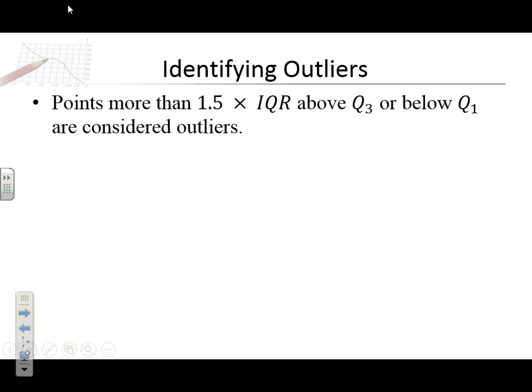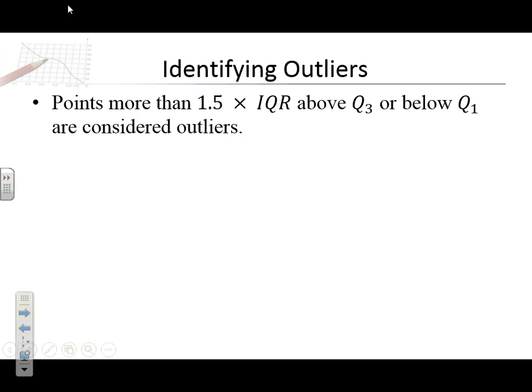If a point is more than 1.5 IQRs above quartile 3, so our starting point for the upper half, if we start at quartile 3 and we add 1.5 times our IQR, that's going to give us a value. So depending on the data set, it's going to give us something. If I have any values in my set that are larger than that, they're outliers.